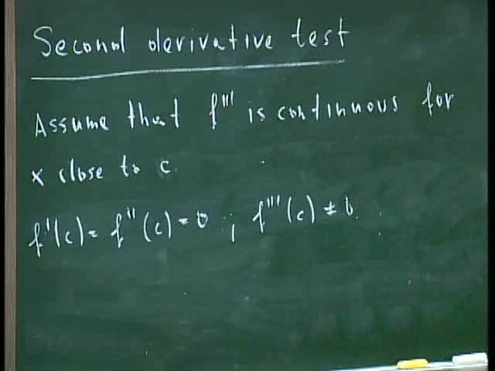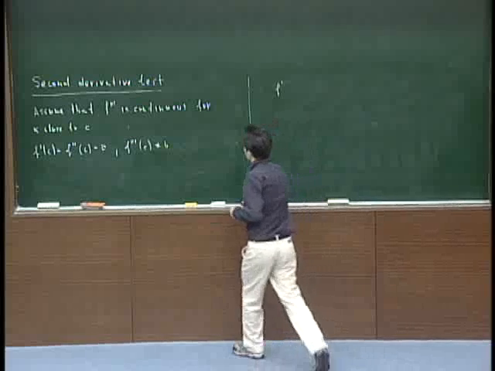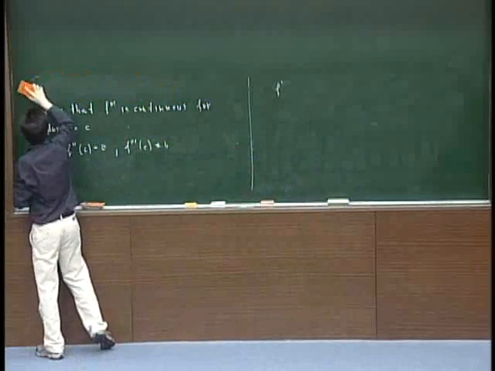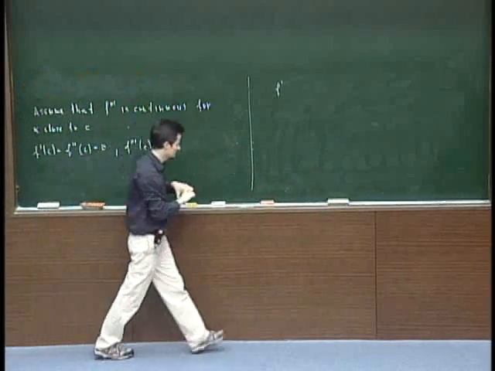You see that if we look at the derivative of the function f, it satisfies all the assumptions of the second derivative test. So this is not the second derivative test here, so I should maybe erase this so that it doesn't get too confusing.